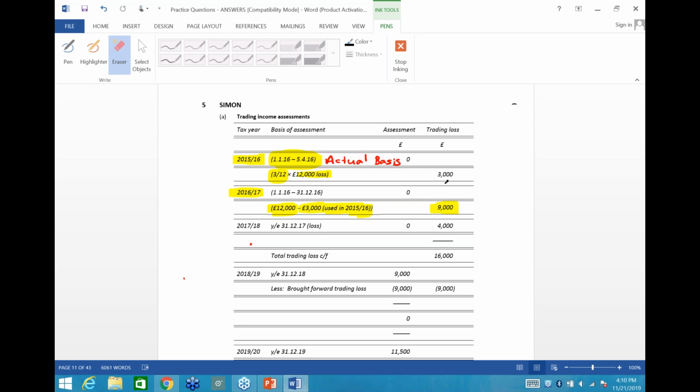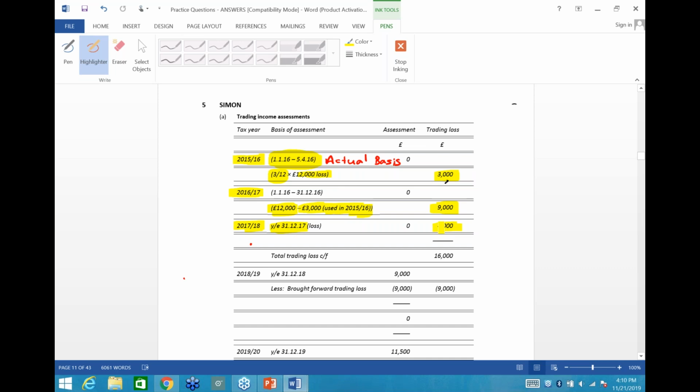So here 2017-18, you check whether there's a period of account ending. Look at the question. Yes, year ended 31st December 2017. The last date of the accounting period falls into 17-18 and the whole loss of 4,000 should be taxed in 17-18.